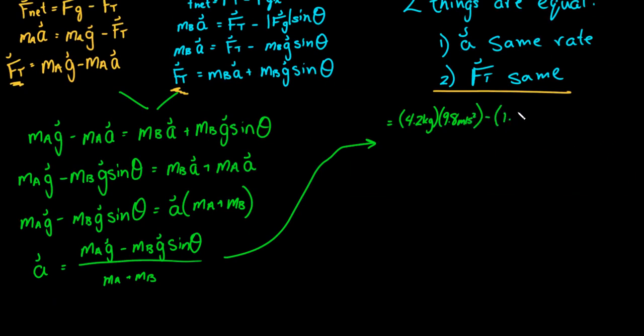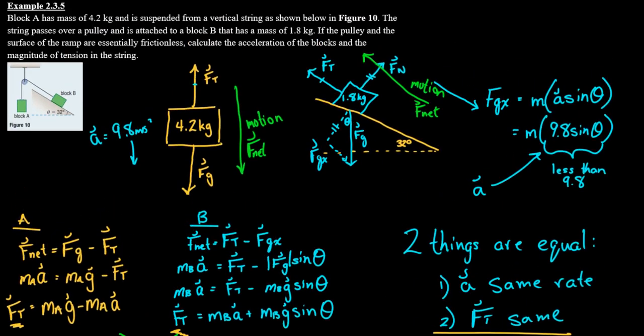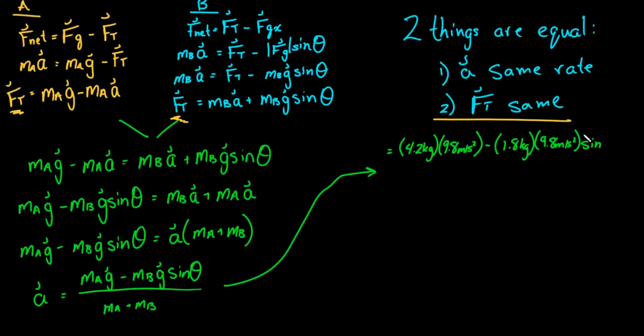minus 1.8 kilograms was the mass of B times 9.8 meters per second squared times the sine of, what was it, 32 degrees, sine of 32 degrees. Okay. And that all gets divided by, that's a terrible line, all gets divided by the combined mass of 4.2 kilograms plus 1.8 kilograms.